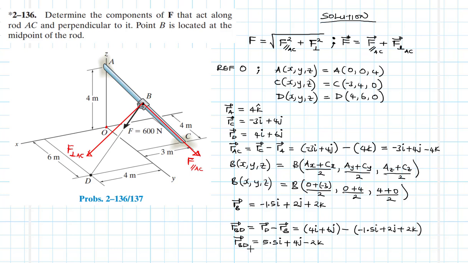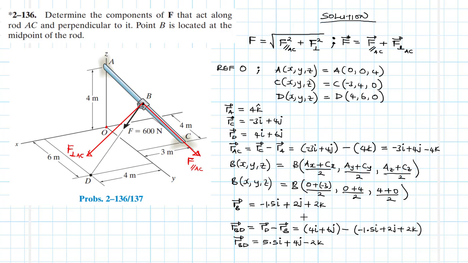So we have found the position vector RBD. It's like we have all the position vectors now.